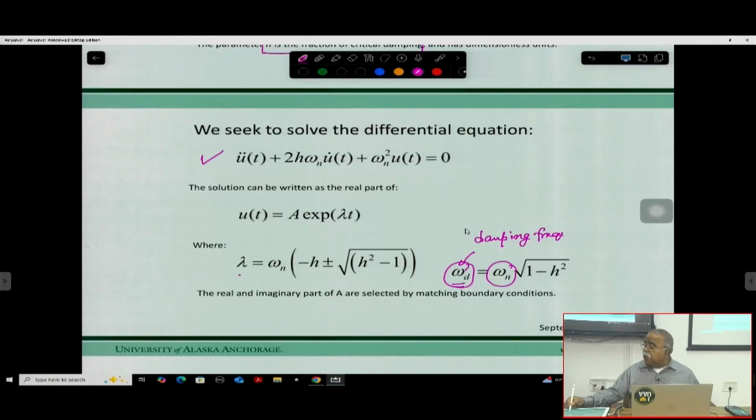The damping frequency and the natural frequency are related by this expression, and h is the damping ratio, right? The h is the damping ratio.